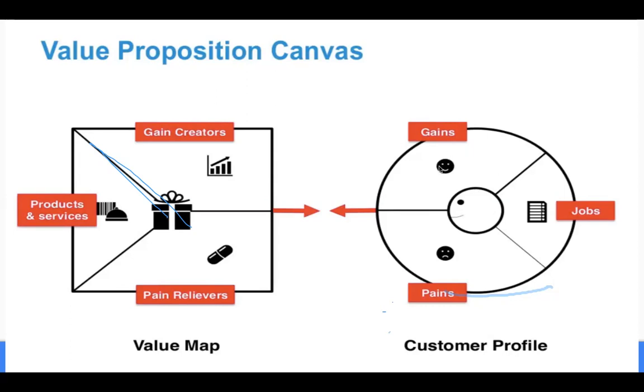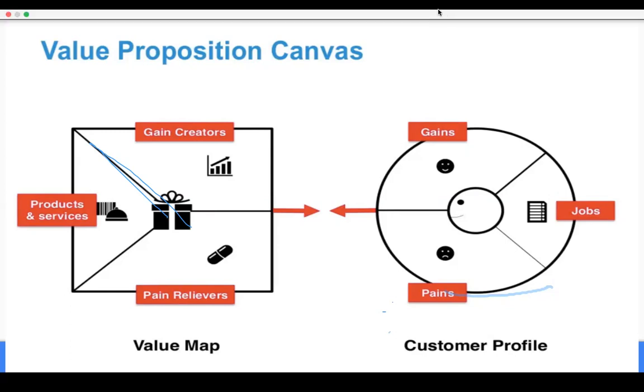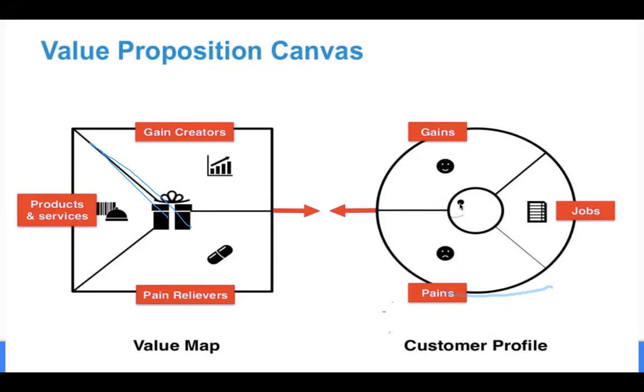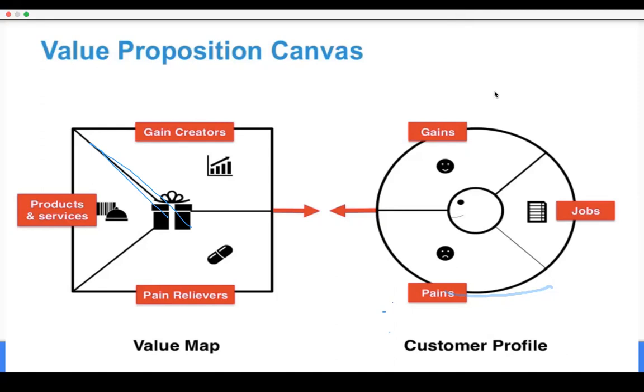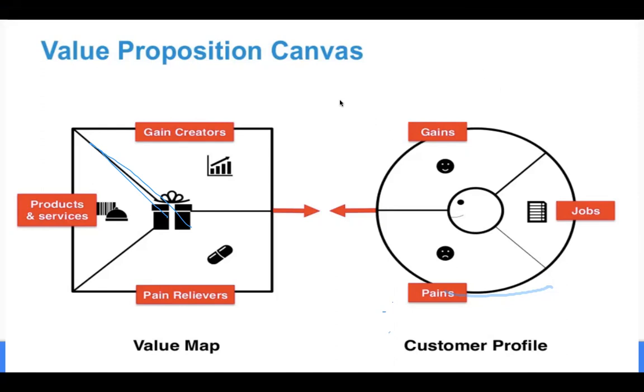Gains are the importance. Pains, these are emojis. I don't know if this is a sad emoji. Anyone who knows emojis will tell me. So pains are disadvantages.